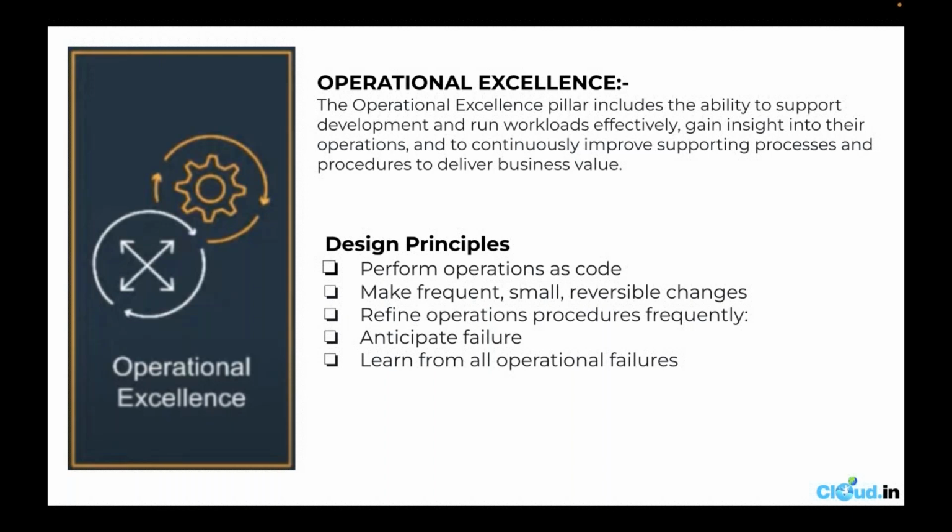Some of the key components of this pillar are continuous improvement, which involves continuously evaluating and refining your processes and systems to optimize efficiency and reduce errors. This includes tools for automating, monitoring and alerting, or identifying areas for improvement.